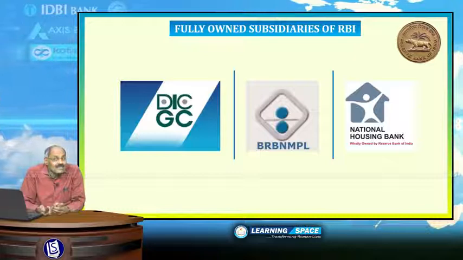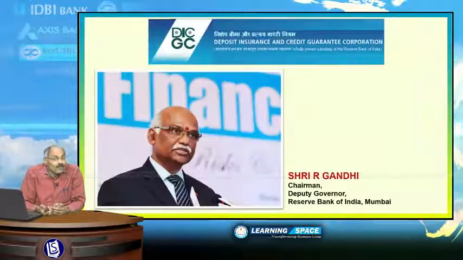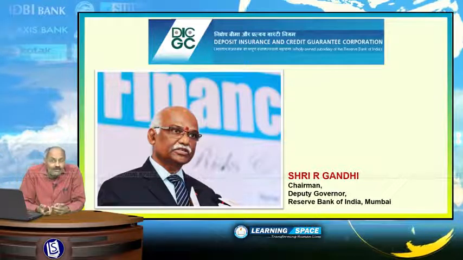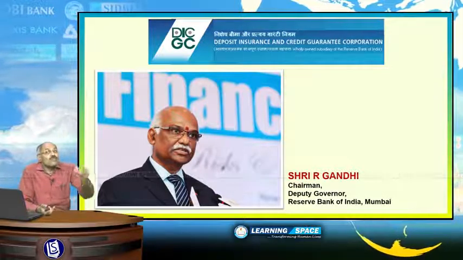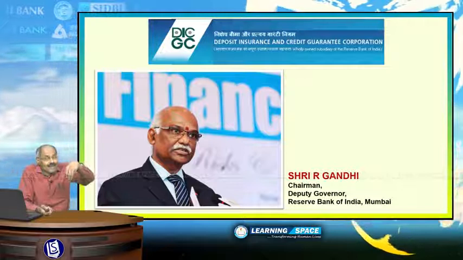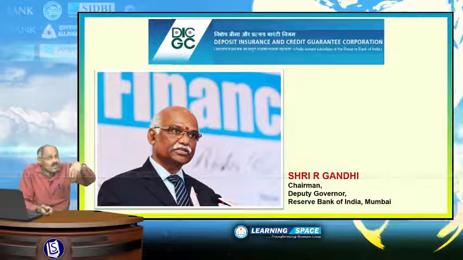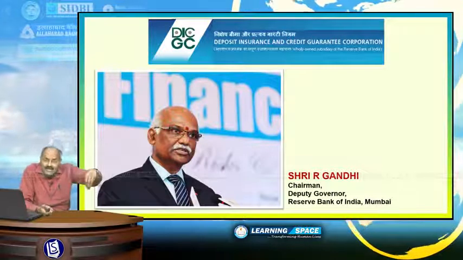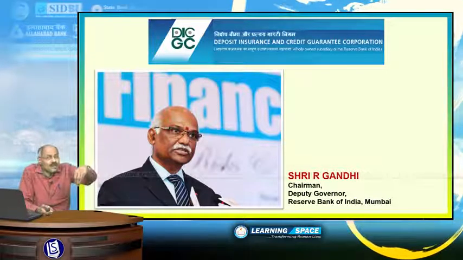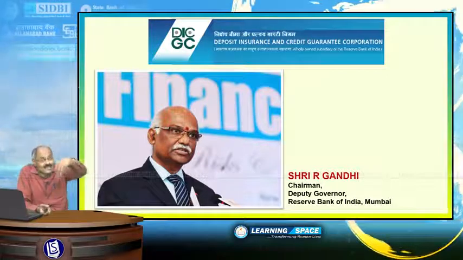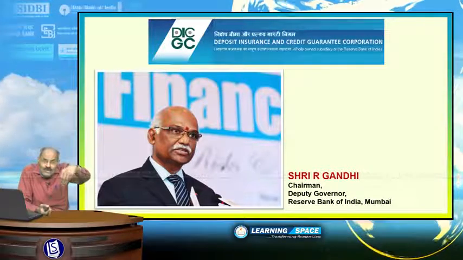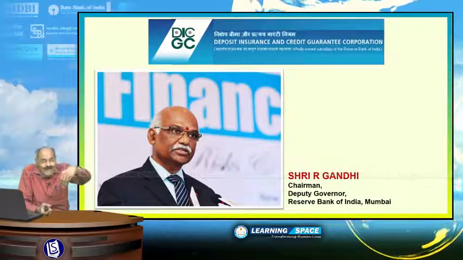One is DICGC, the Deposit Insurance and Credit Guarantee Corporation, established somewhere around 1961. This is a fully owned subsidiary of the Reserve Bank of India, and here the chairman is one of the deputy governors of the Reserve Bank of India. At present, Shri R. Gandhi is the chairman. The purpose of DICGC is to act as insurer to the customers of the bank.